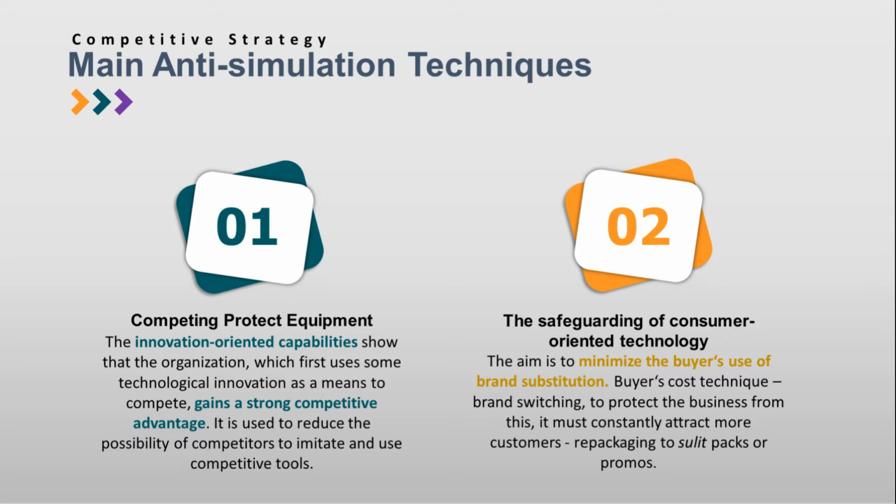The innovation-oriented capabilities show that the organization, which first uses some technological innovation as a means to compete, gains a strong competitive advantage. While competitors may imitate and then copy these technologies, constant orientation to innovation will enable the organization to maintain this competitive advantage.